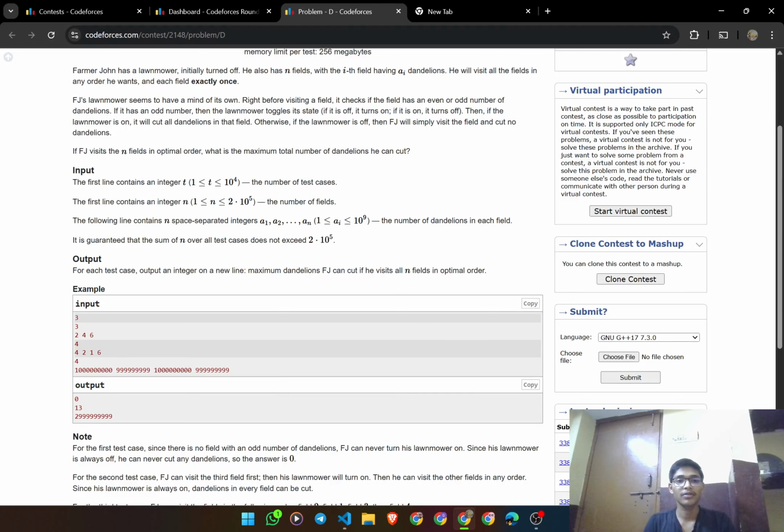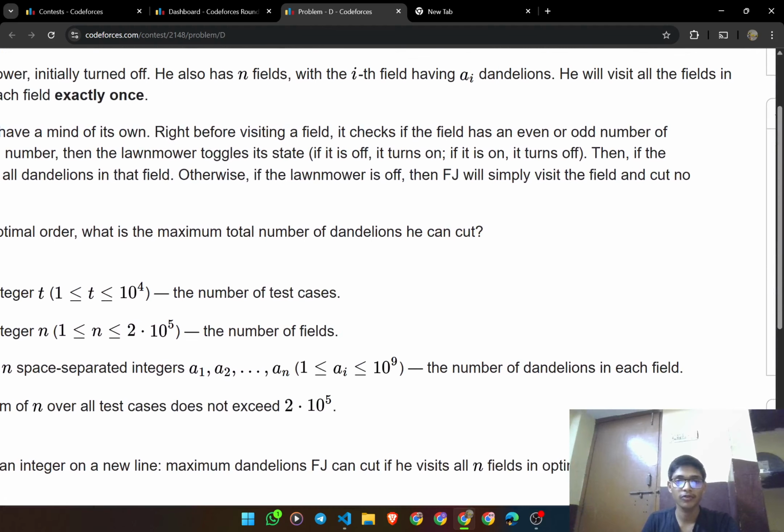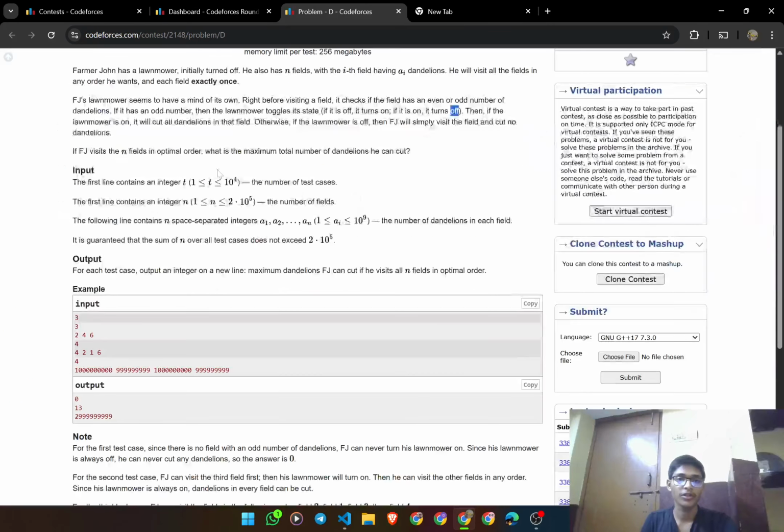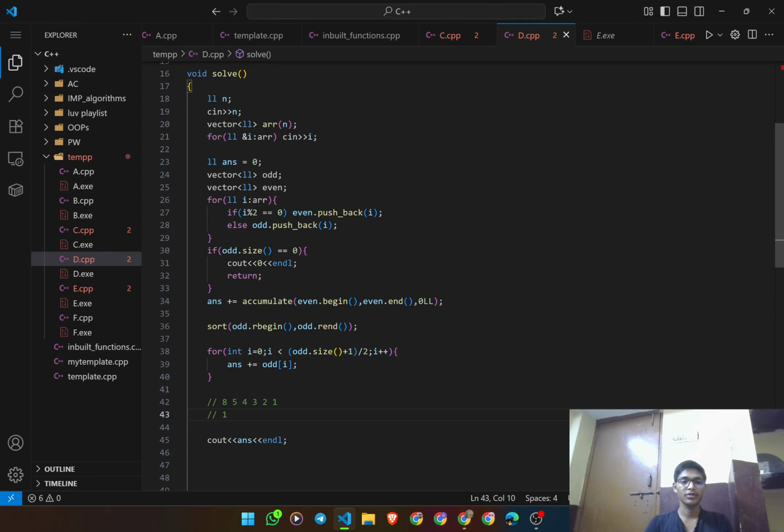Let's focus on this: if it is off it will turn on, and if it is on it will turn off. So it toggles the state of the harvester. To turn the harvester on we will use the 8, and to turn it off we will use the smallest one.